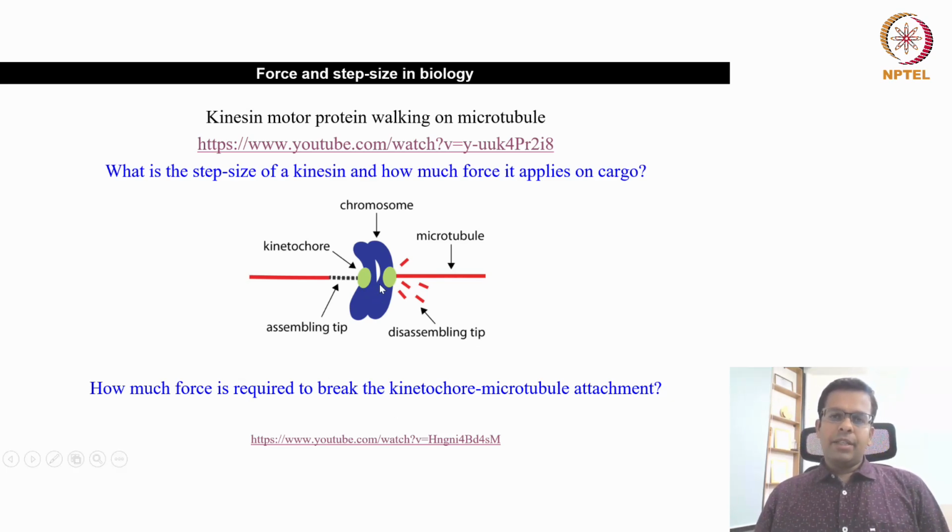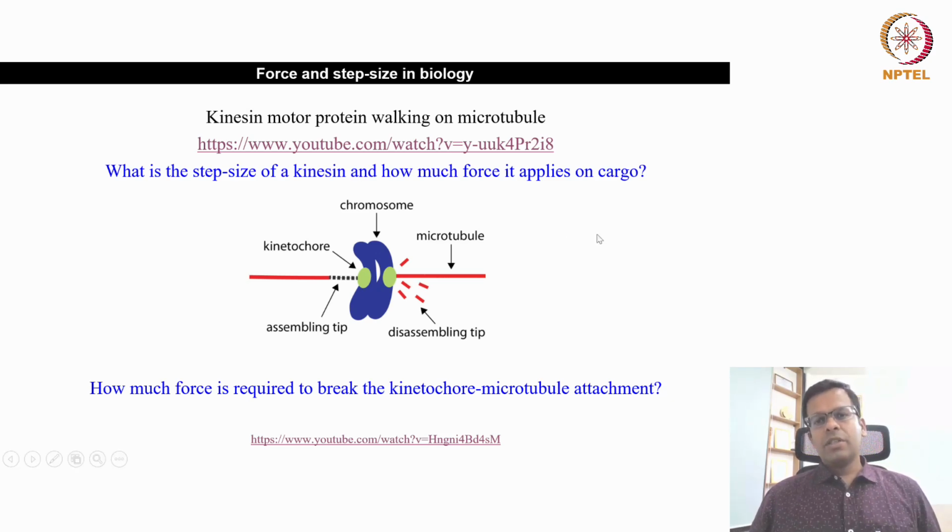Again, this is another example. People use this kind of technology to study the forces required to break kinetochore microtubule attachments. So these are the chromosomes, and during cell division, chromosomes are pulled from two opposite ends by the microtubules for the segregation of the genome into two daughter cells, right?